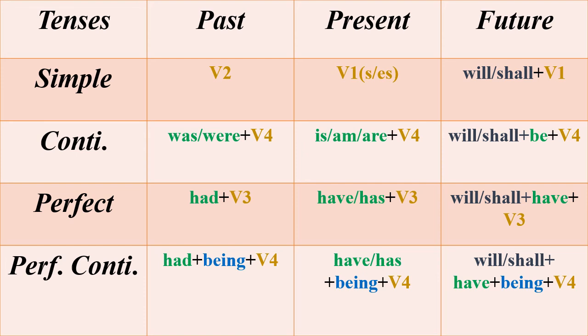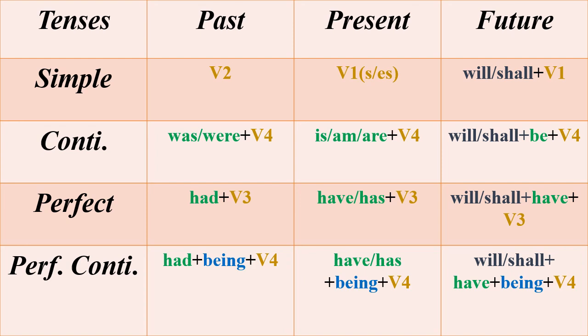Once we are done with perfect tense, it becomes quite simple for perfect continuous tense because we just have to use been along with the words that we used for perfect tense.